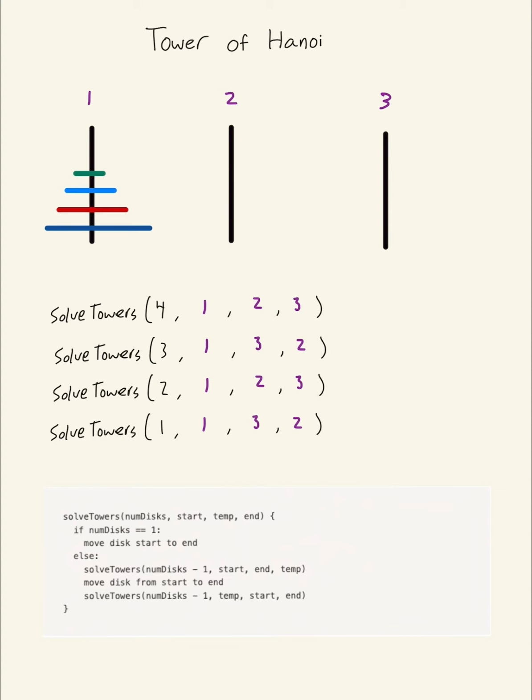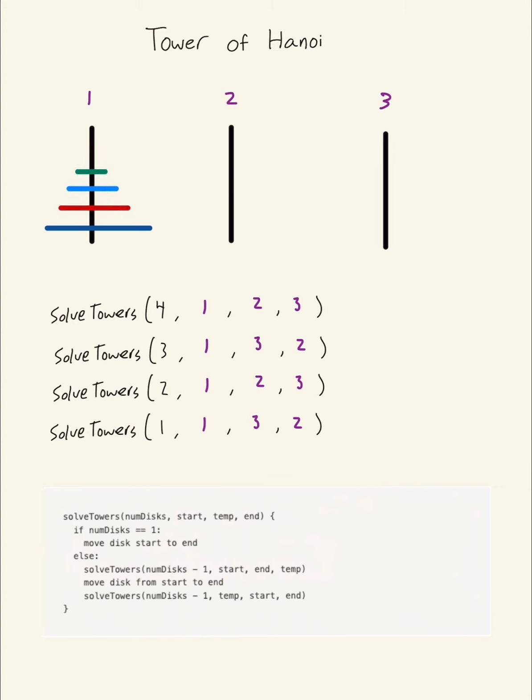We call solve towers on a tower of size 3, and we want to move the tower from the start, so that's 1 here, and then we want to move it to whatever the temporary of this call on the fourth one is. So we're going to move to the second. We want to move this third one to the second there.